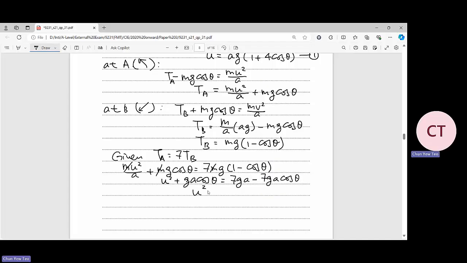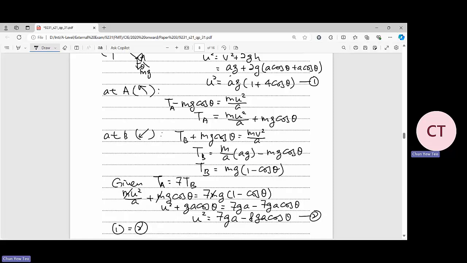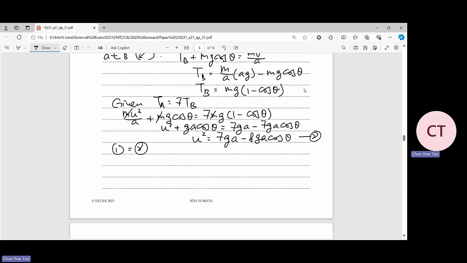So you have u square is equal to 7gA minus 8gA cos theta. Okay, so I will call this one equation 2. Let equation 1 equal to equation 2 because equation 1 over here is also u square. So we just put it together.